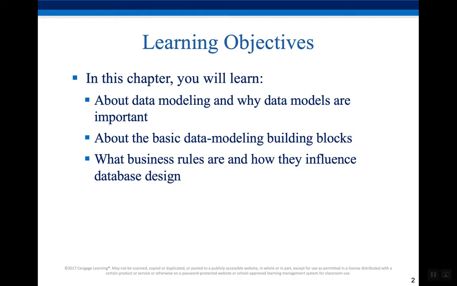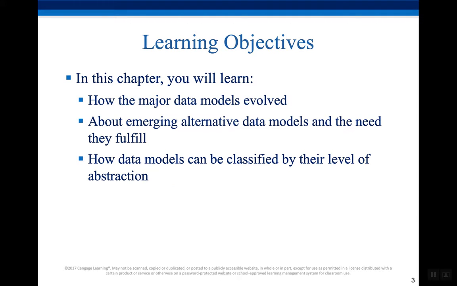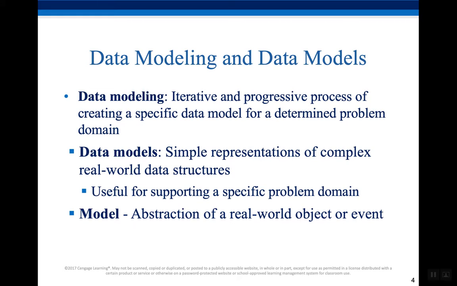What is a data model, why they're important, some of the building blocks, some of the fundamental pieces that we use around this, and then also not simply the technical stuff and the structure of the data, but also business rules and where this all fits and comes together. Also, we'll talk about some of the major data models, some alternative data models, and touch upon some of the stuff around the levels of abstraction.